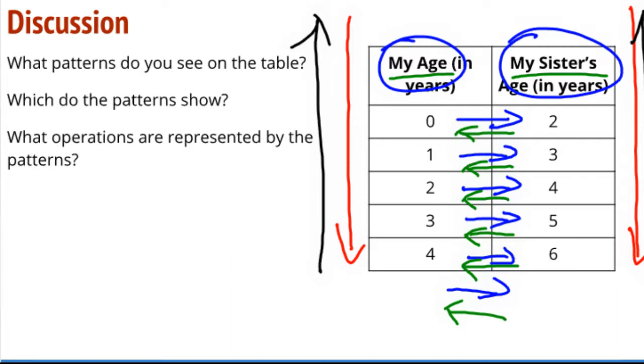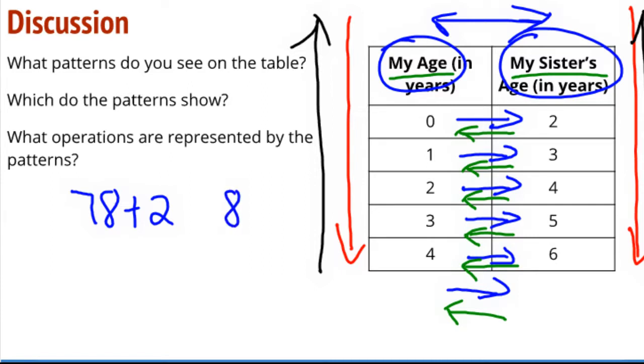So I'm going to suggest that the relationship between the columns, this left and right stuff, is more powerful than the vertical, the going up and down stuff. Because I can pick any age I want. I can say that my age is 78, and I add 2 and know that the sister's age is 80.